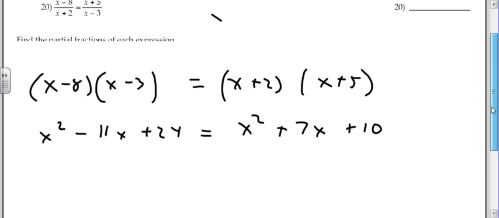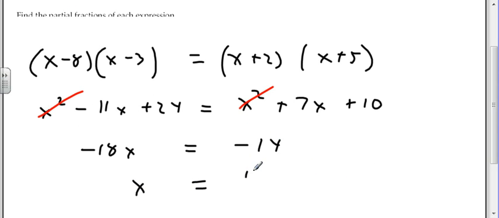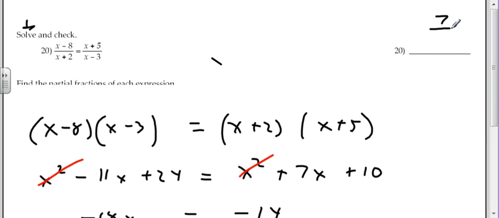All right. The x squareds go away. And I've got to bring that over on the other side. Minus 18x is equal to minus 14. So x is going to be 14 divided by 18, 7 divided by 9. All right, so 7 divided by 9 is my answer.